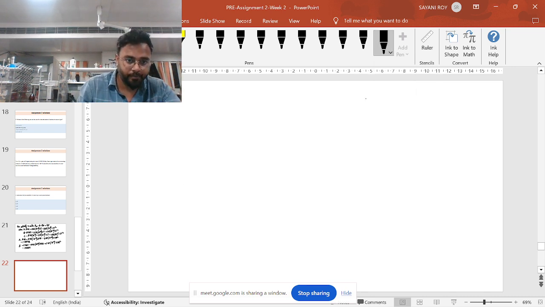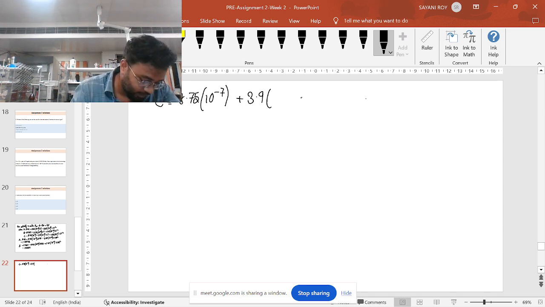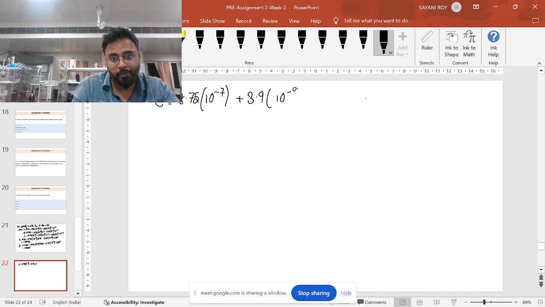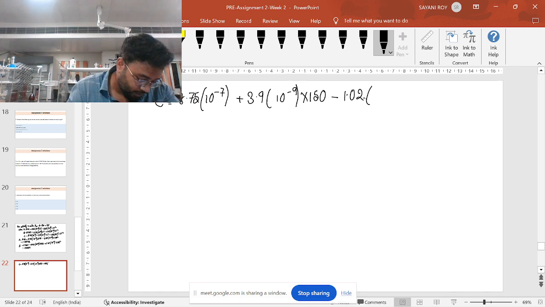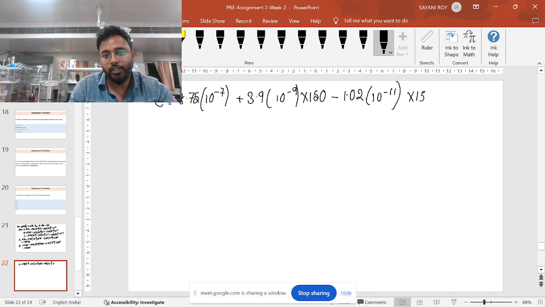For C it is equal to 8.75 into 10 to the power minus 7 plus 3.9 into 10 to the power minus 9 into 150, minus 1.02 into 10 to the power minus 11 into 150 square.